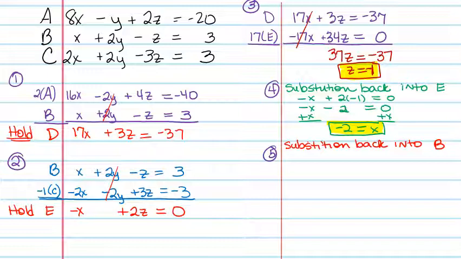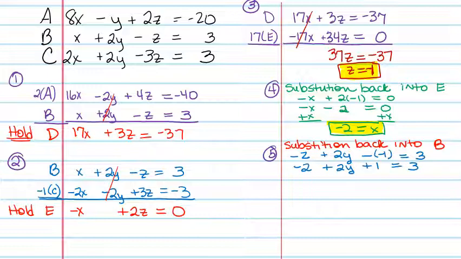So in B, x is negative 2, so it'll be negative 2 plus 2 times y, y is the one we don't know, minus z, z is negative 1, and that's supposed to give me 3. So let's simplify this. I have negative 2 plus 2y plus 1 equals 3.